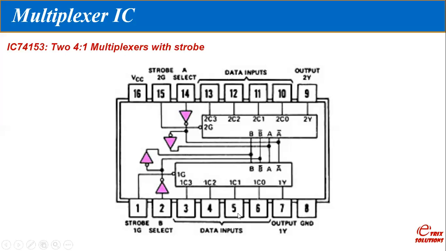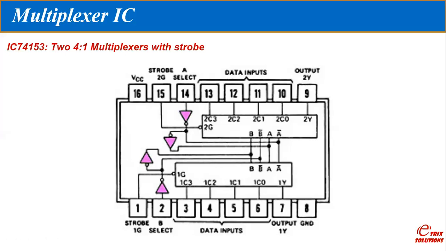Then pin number 3 to 6, that is 3, 4, 5, 6, are the data inputs of the multiplexer 1, and pin number 7 is the output of the multiplexer 1. Similarly, pin number 9 is the output of the multiplexer 2, and pin number 10, 11, 12 and 13 are the input data lines of the multiplexer 2.